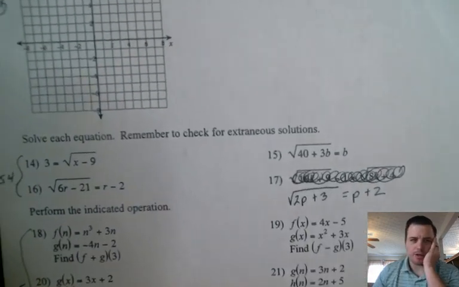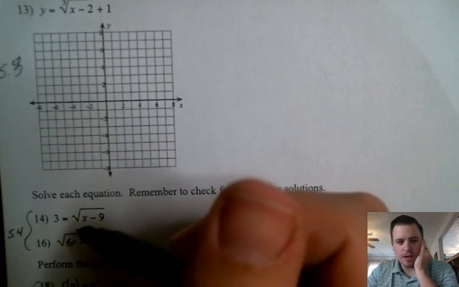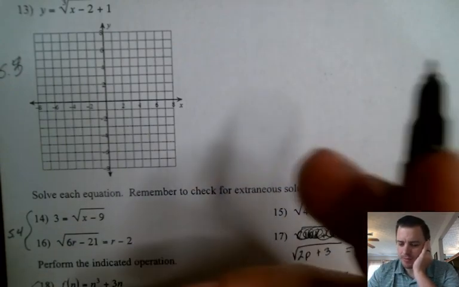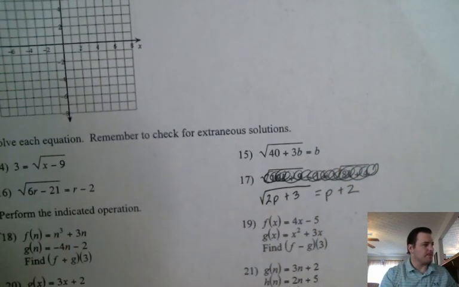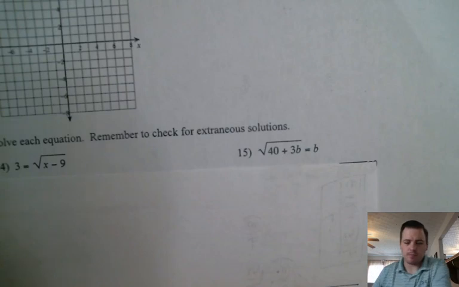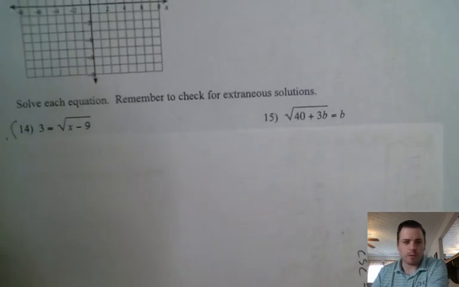All right, so I'm going to let you do number 13. Number 14: 3 equals the square root of x minus 9. I'm going to grab that piece of paper and work through that one here with you.